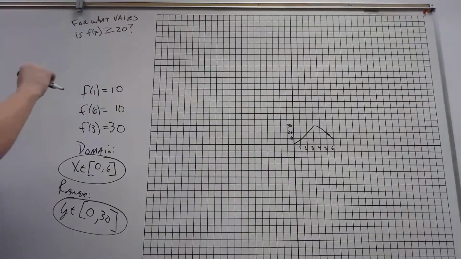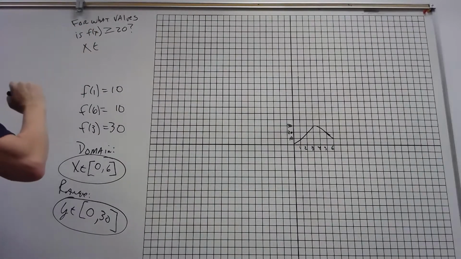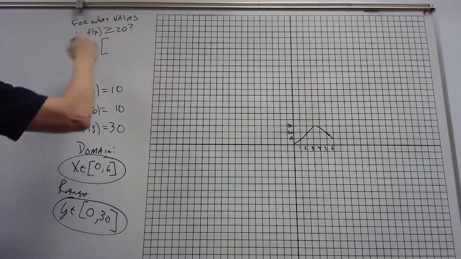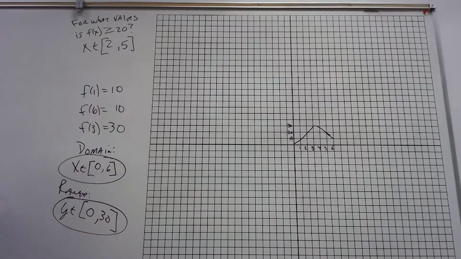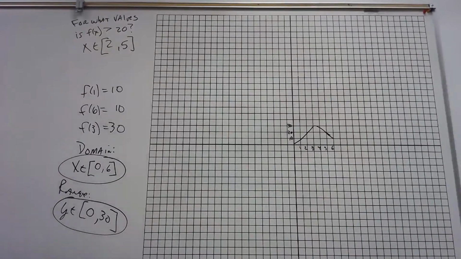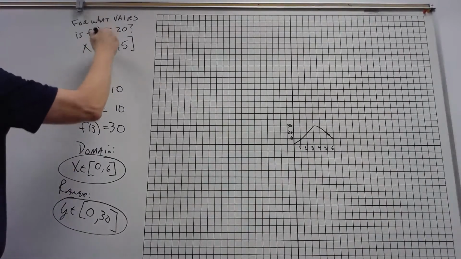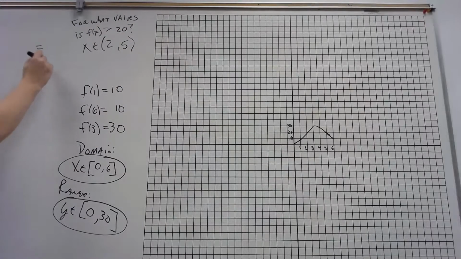So how do we write that in interval notation? x is an element of square bracket 2, comma 5, square bracket. What if I had not put the equals on there? Then they would be round brackets. So you remember, if there's an equals, you put a square bracket and a line to connect them, right? Is that helpful? You guys gonna remember that?